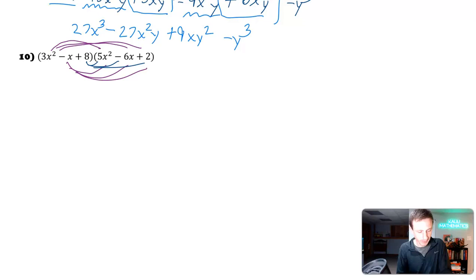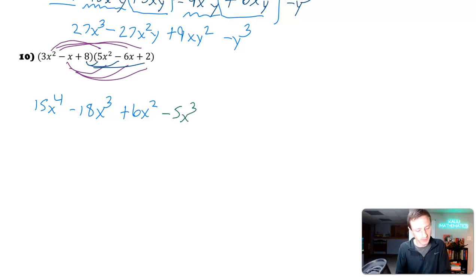So I'm going to go through this pretty quick again. 3x squared times 5x squared is 15x to the fourth. 3x squared times negative 6x is negative 18x to the third. 3x squared times 2 is 6x squared. If I'm going a little bit quick, just rewind it. I just want to get through this multiplication step as quickly as possible. The middle, negative x times everything. So this is going to be negative 5x to the third.